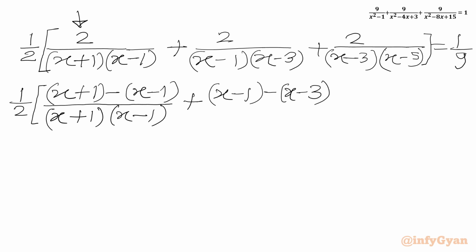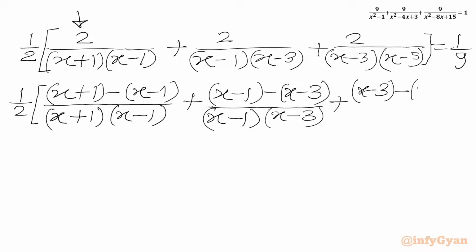So x minus 1 minus x plus 3. 3 minus 1 is 2. Plus x and minus x will be over. Denominator will be x minus 1 times x minus 3 plus. Here we will be writing x minus 3 minus x minus 5 over x minus 3 times x minus 5. In RHS we have 1 over 9.